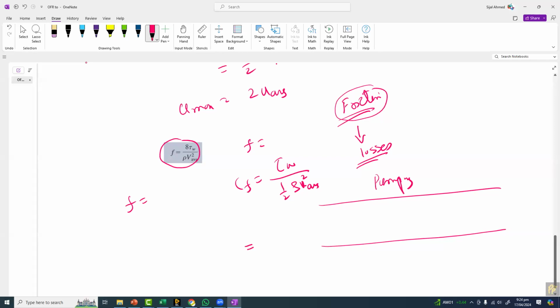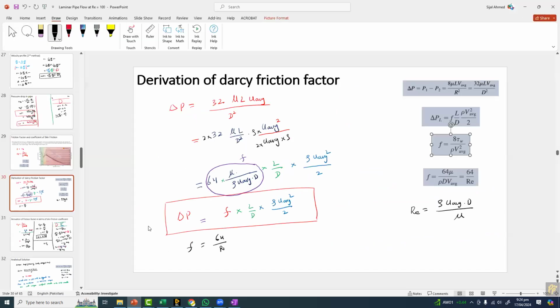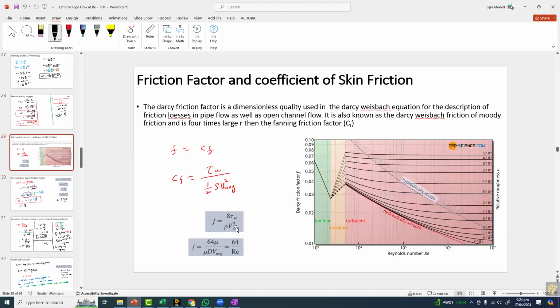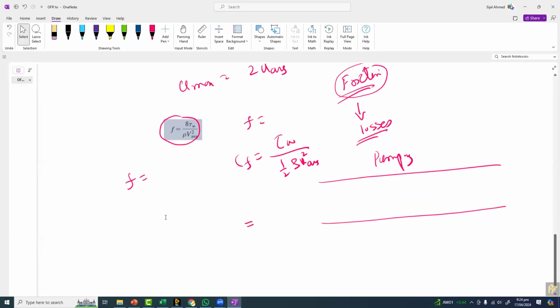Okay. Clear? And what is the value of the F?